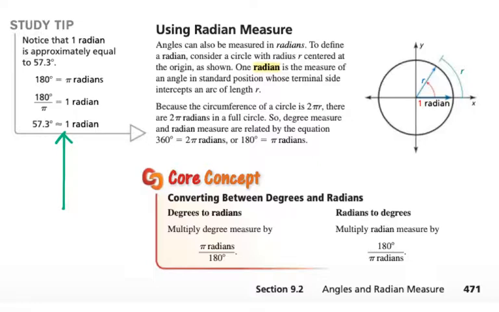You've got a unit circle of radius 1, and then that arc sector corresponds to the part of the circumference. This is the same explanation of what we were talking about before. Here's how you go from degrees to radians, and here's how you go from radians to degrees. Again, it's just a simple conversion.